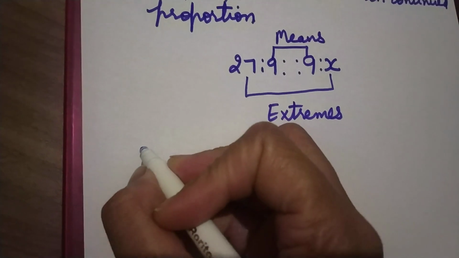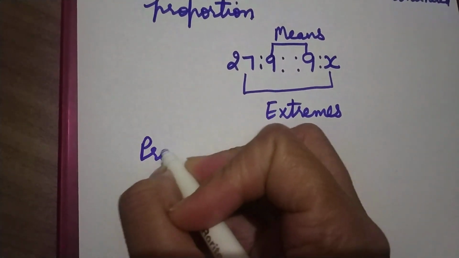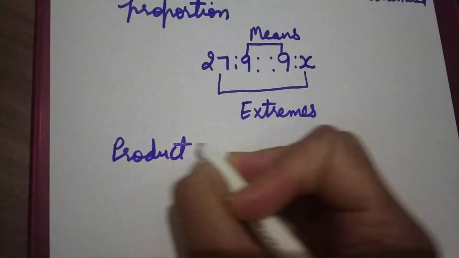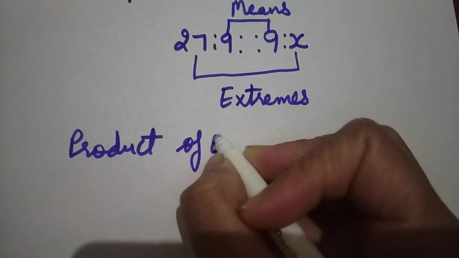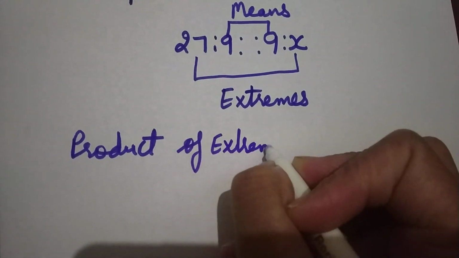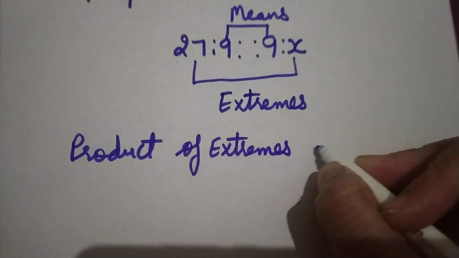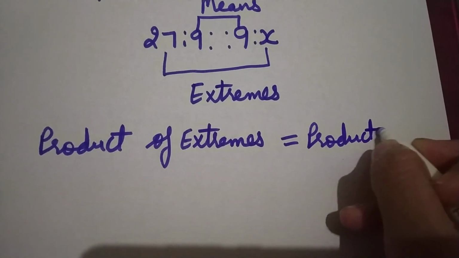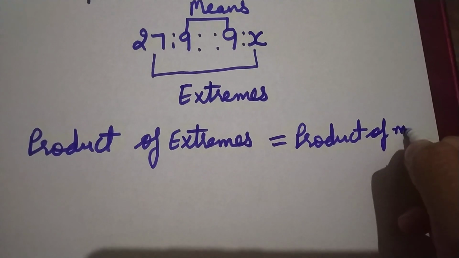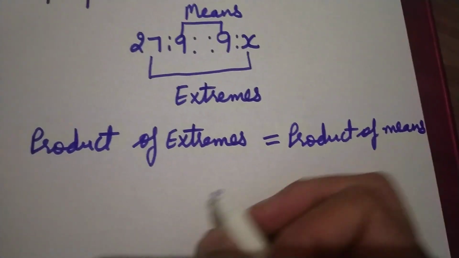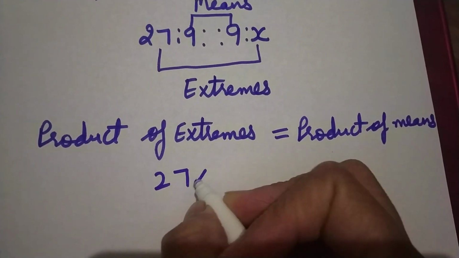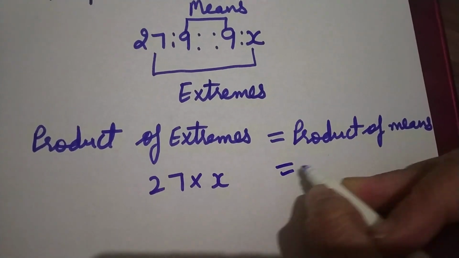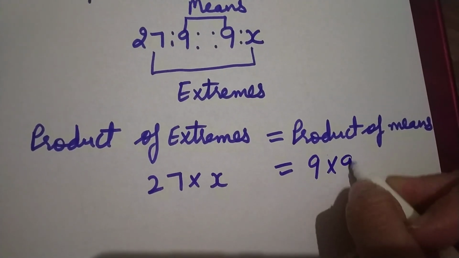Since they are in continued proportion, the product of extremes is equal to the product of means. Extremes are 27 multiplied by x and means are 9 multiplied by 9.